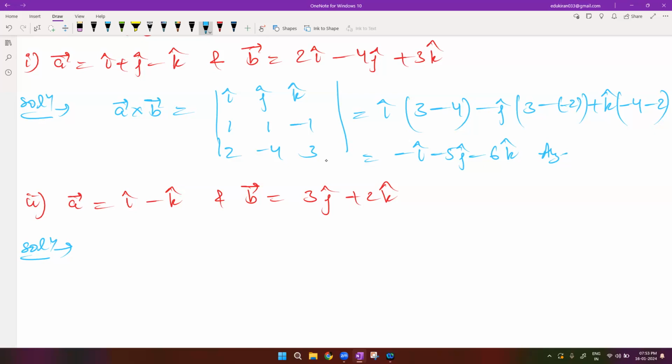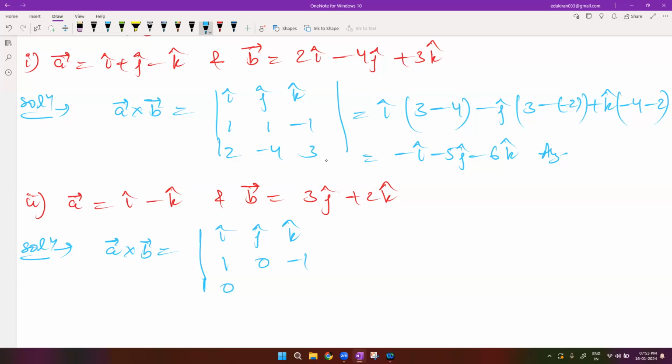You know how to find out A cross B. Write the determinant properly: i, j, k. Write the i components in this column, j components in this column, k components in this column. The scalar components of A are 1, 0, because there is no j, minus 1.